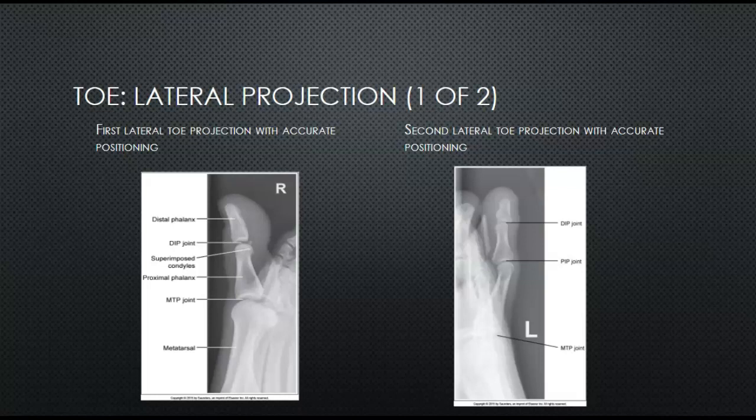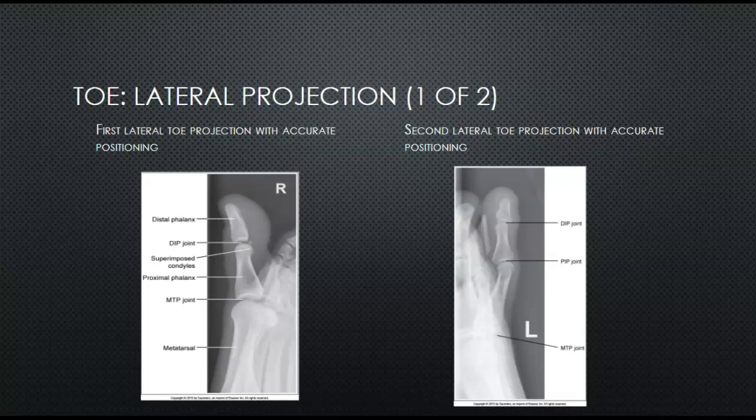The interphalangeal joint for the first toe and the proximal interphalangeal joint for the second to fifth toes is at the center of the exposure field. The phalanges and metatarsal phalangeal joint spaces are to be included within the exposure field.